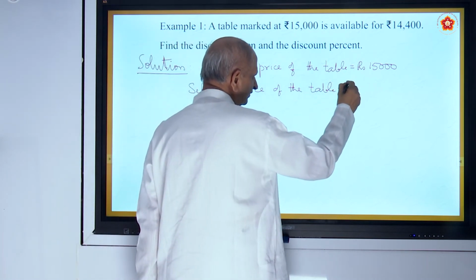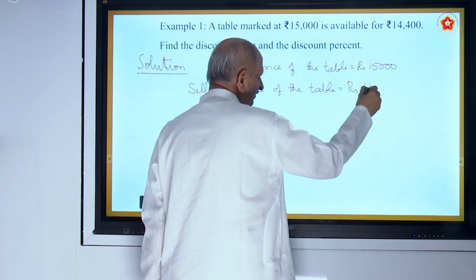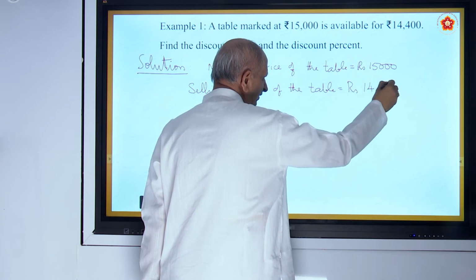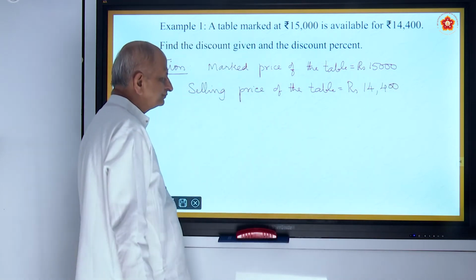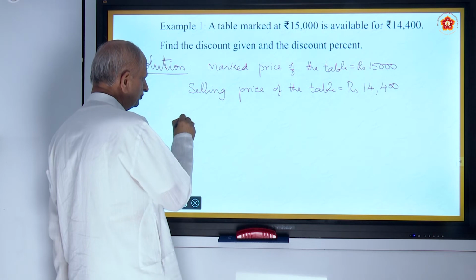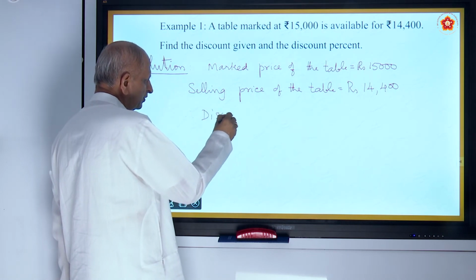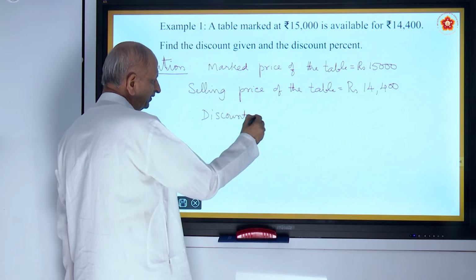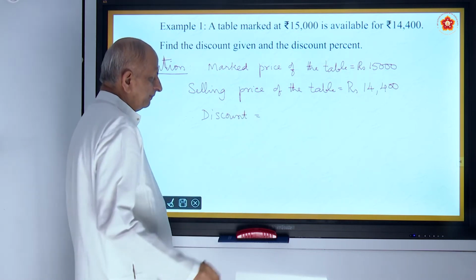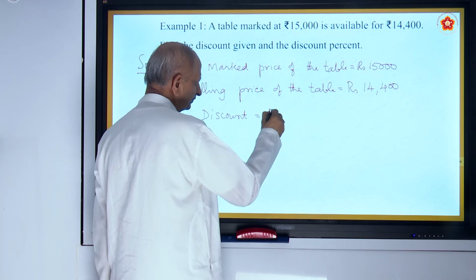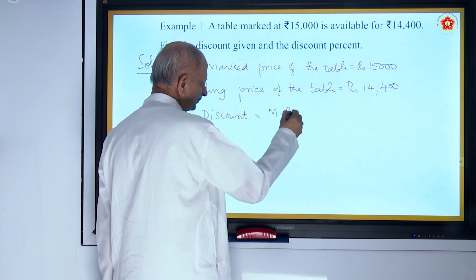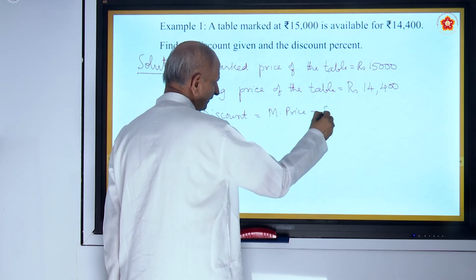That's why they reduce it. By seeing the advertisements, people will rush to that. So now they are asking, what is the discount? The discount formula is market price minus selling price.